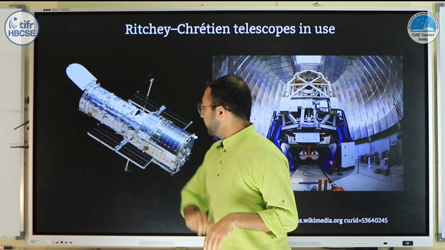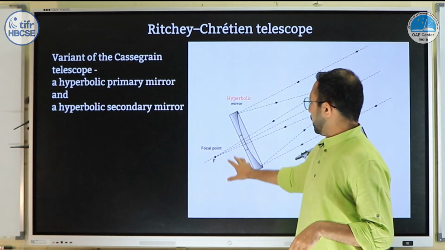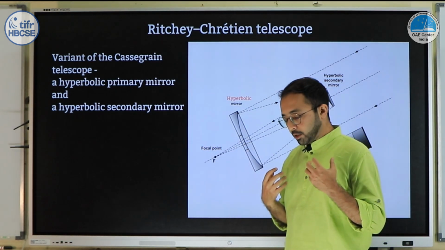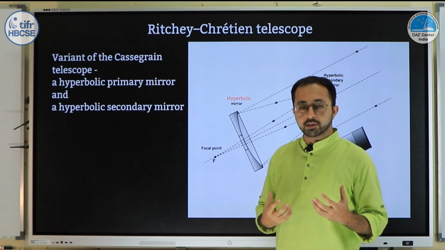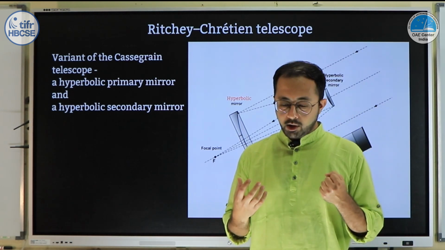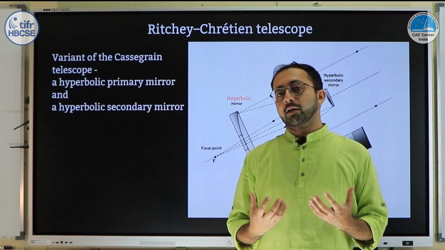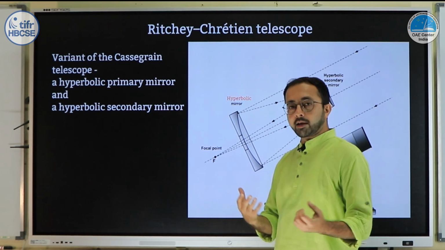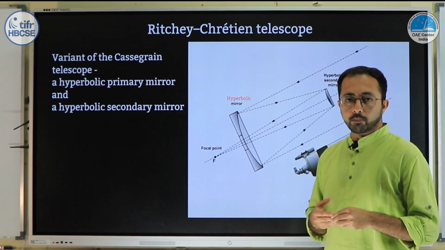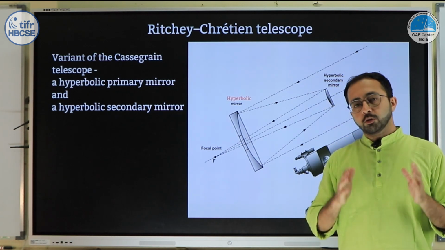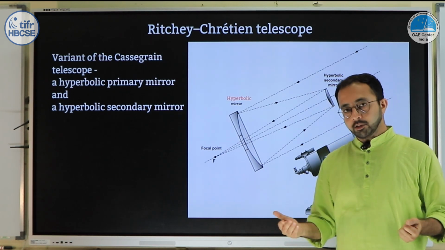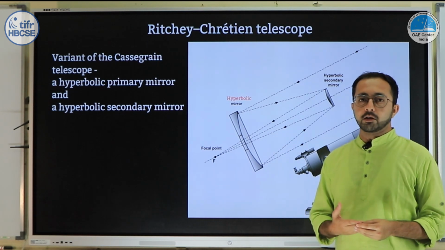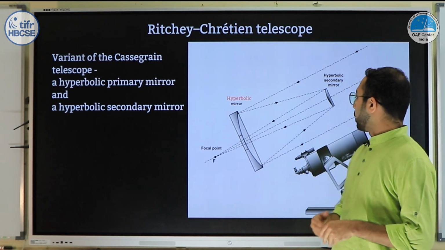If I simply attach a UV detector, an ultraviolet CCD, a CCD that actively detects ultraviolet rays or infrared rays, I can get images in those particular wavelengths. Of course, not the entire range, it depends on what kind of reflectivity these mirrors have for those ranges of wavelengths.